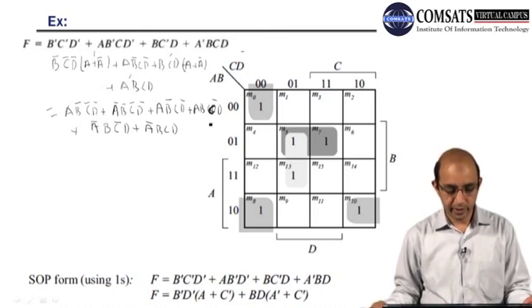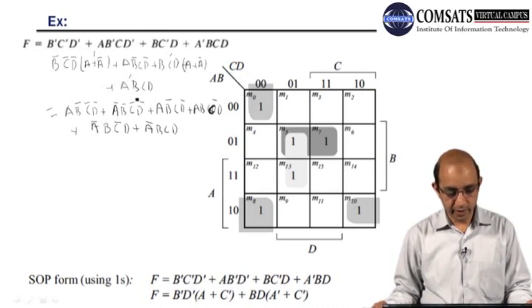Here you can see that we have 1, 2, 3, 4, 5, 6. So you can see where we have A bar, B bar, C bar.